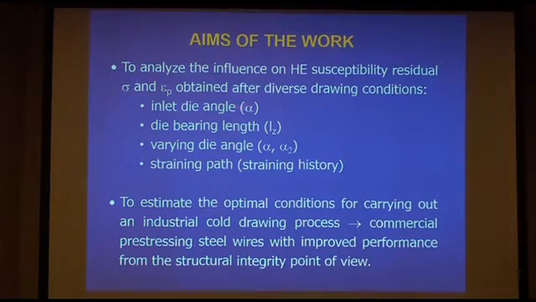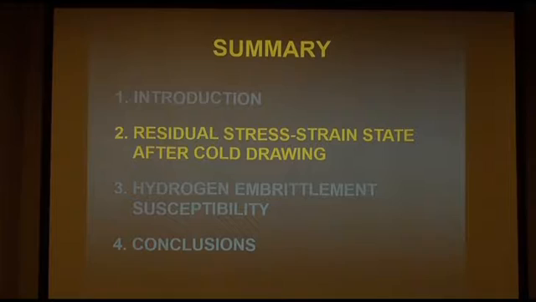We are dealing with 4 key variables: the inlet die angle, alpha, the die bearing length, LZ, and we propose an innovative drawing procedure we have published in Engineering Failure Analysis after the Kazan conference, with varying die angle, alpha 1 and alpha 2, and the influence of the previous straining history in the material. Then the final aim is to estimate the optimal conditions for carrying out an industrial cold drawing process, even to improve it, giving commercial prestressing steel wires with improved performance from the structural integrity viewpoint.